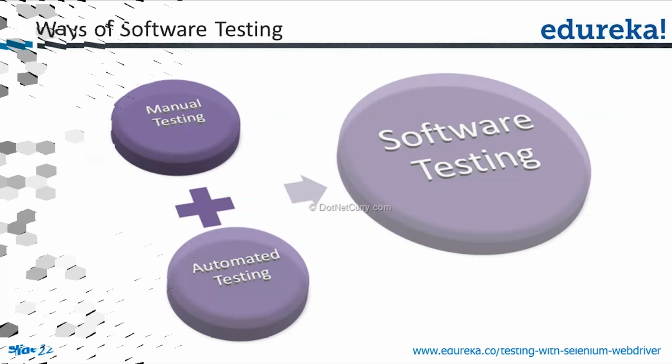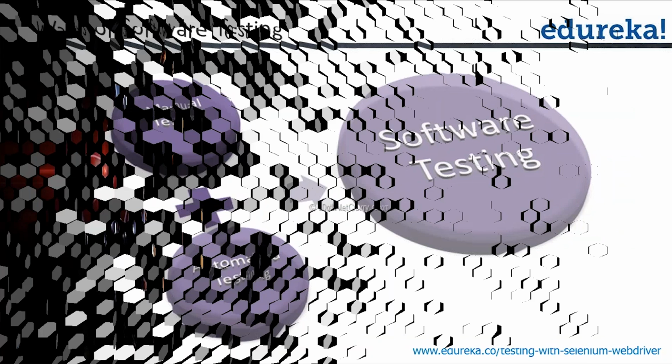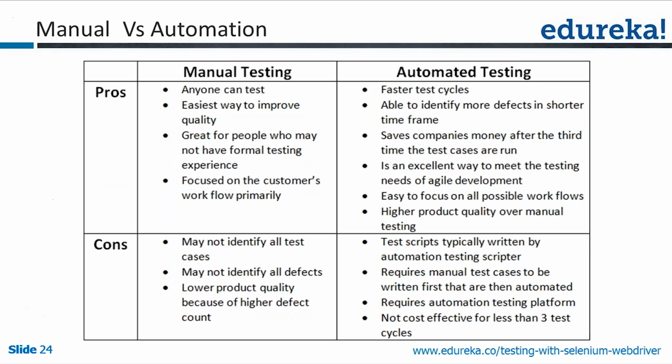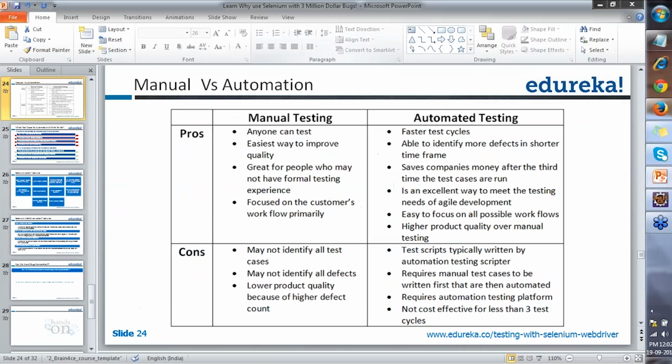Let's move forward quickly. Manual versus automation testing. Before going forward, what's the difference between manual and automation testing? I am getting a feeling that you guys already know this concept. So I'm quickly jumping to how Selenium will work, how Selenium can affect automation testing, right?